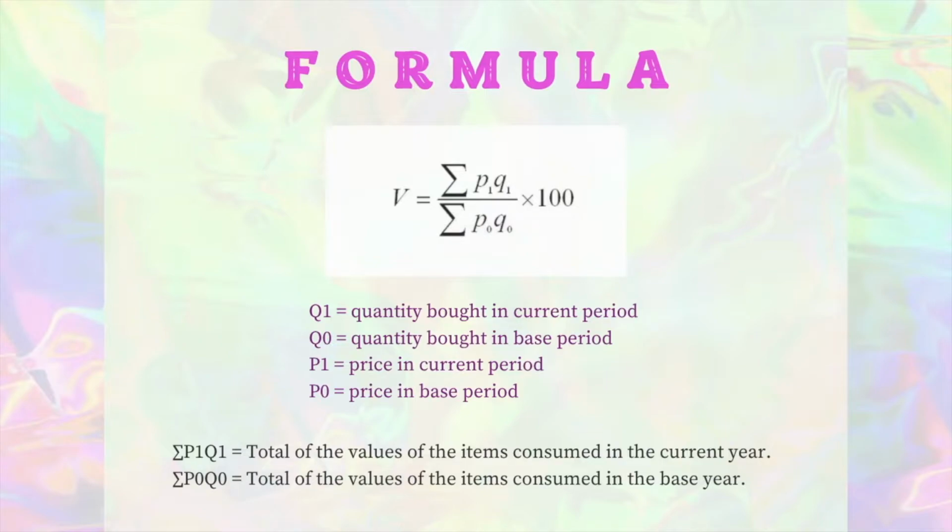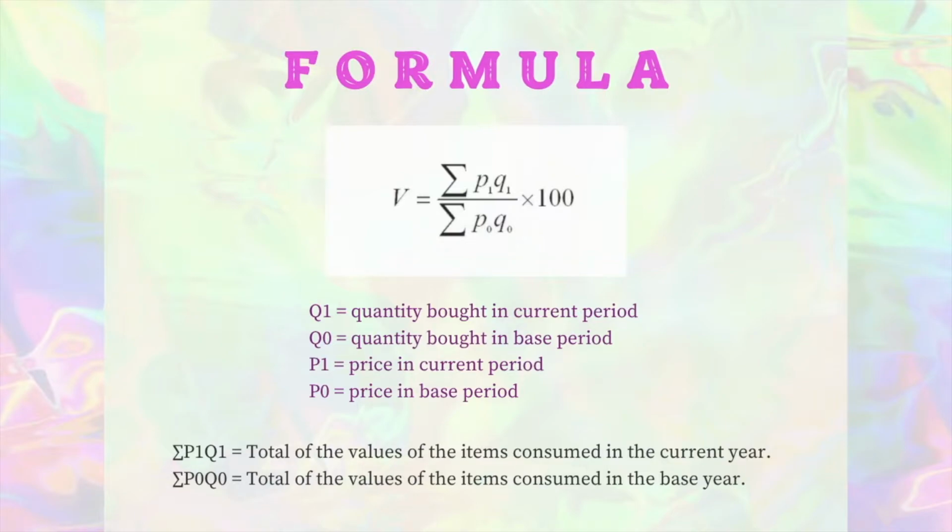That's the value index formula, where Q1 is the quantity bought in the current period and Q0 is the quantity bought in the base period, and P1 is the price in the current period and P0 is the price in the base period.